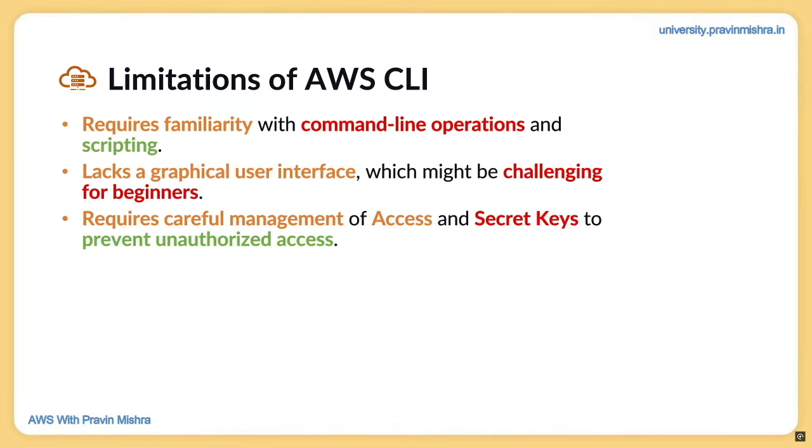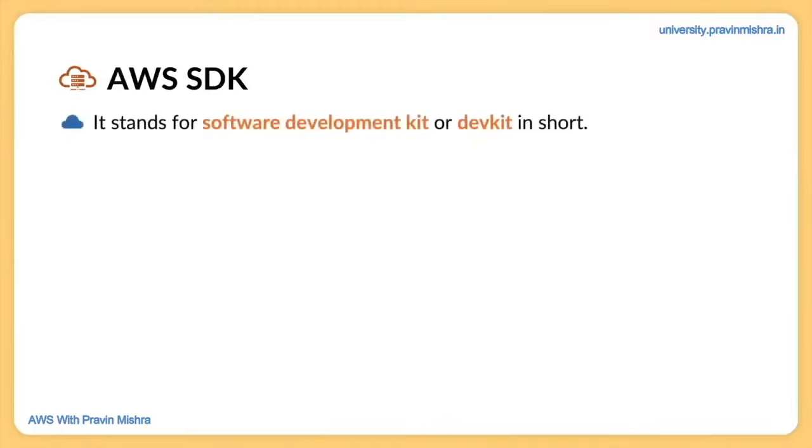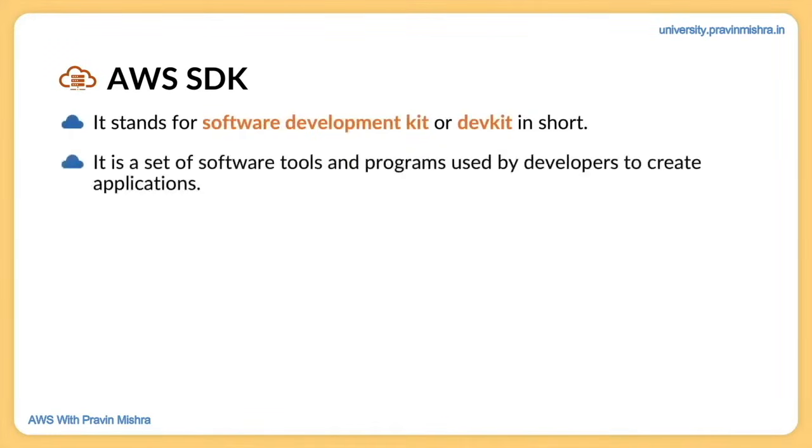Now that we have explored AWS CLI, let's move to a more developer-centric method, software development kits, or SDK. It stands for Software Development Kit, or Dev Kits in short. As the name suggests, it is a set of software tools and programs used by developers to create applications. Now, if you are thinking that's similar to AWS CLI, that's not true, because you cannot use AWS SDK in your computer terminal.